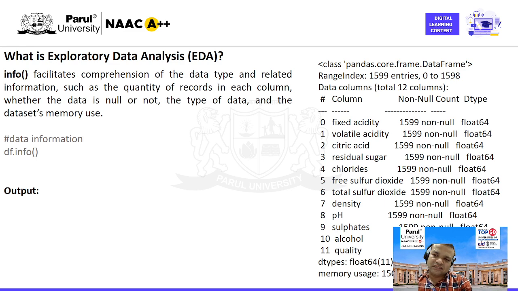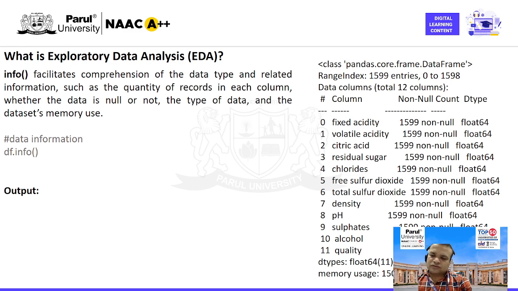Info is the function which facilitates comparison of the data types and related information, such as the number of records in each column, whether the data is null or not, the type of data, and dataset memory use.